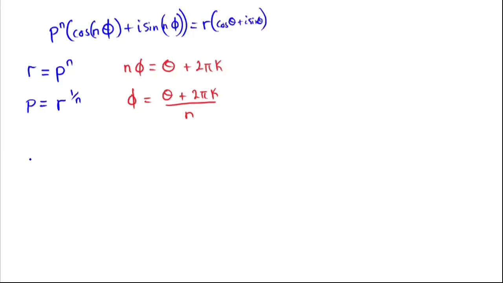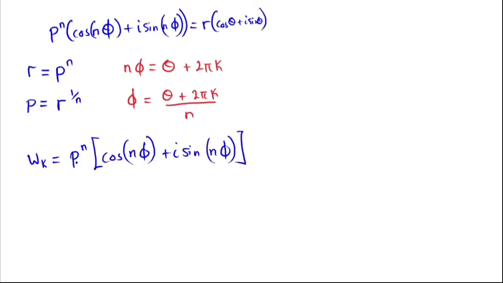So this means that w_k will be equal to, remember, w in polar form was p, open bracket cos phi plus i sin phi.